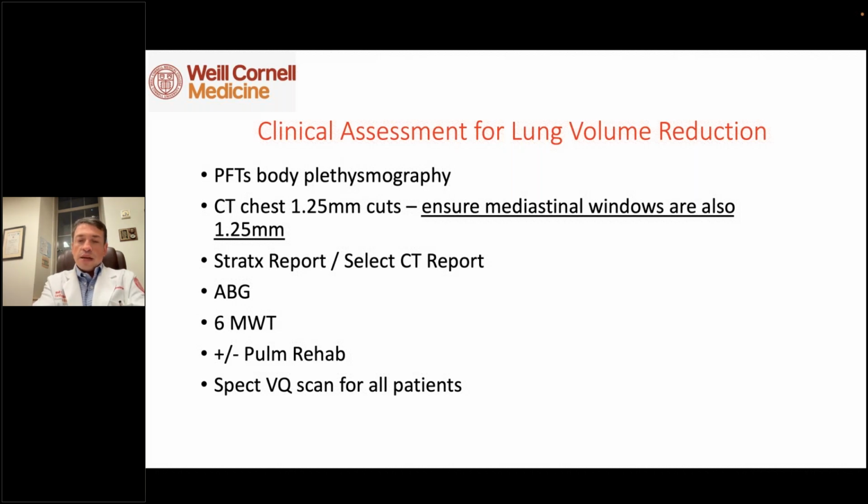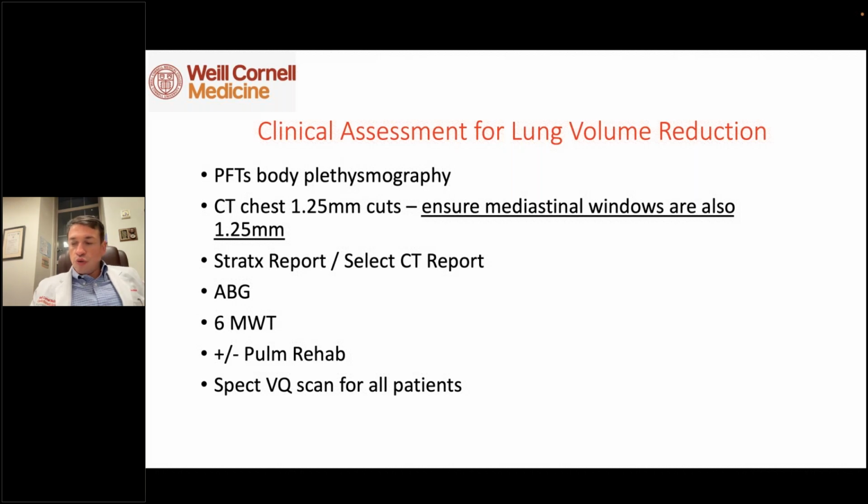The problem is that when you submit the CAT scan for analysis, it's not the lung windows, it's the mediastinal windows that the software looks at. So you may think you're submitting an adequate CAT scan and the system will not alert you, but you may potentially obtain inaccurate results.